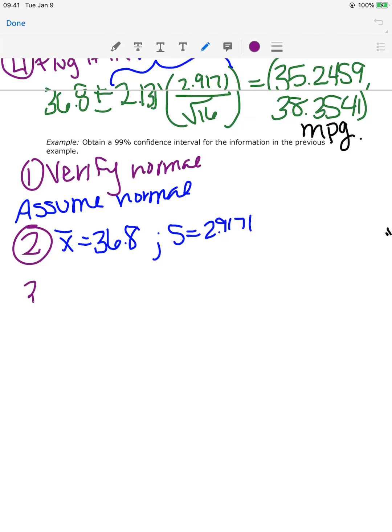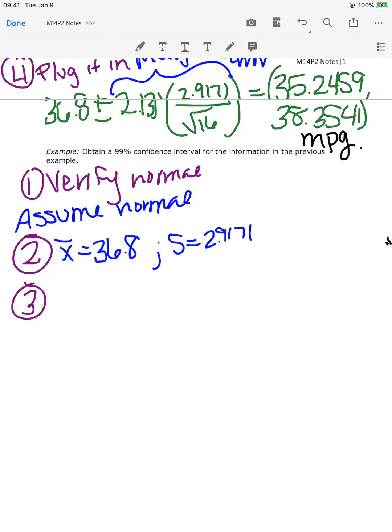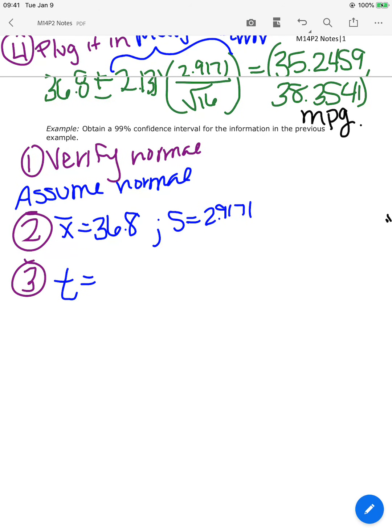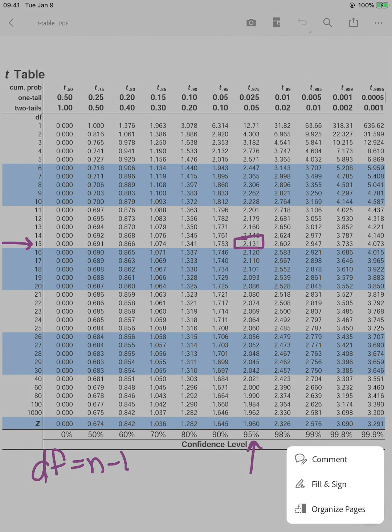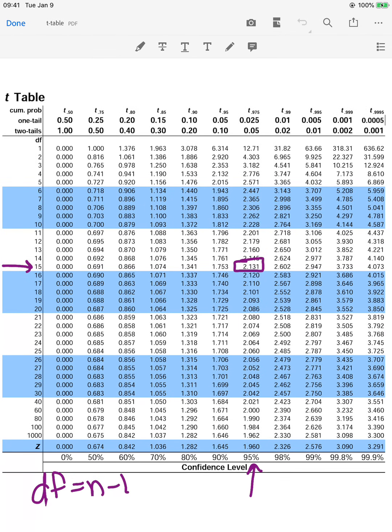All right, step 3. Find our t. So we're going to have to go back to that table. So now we still have a degrees of freedom of 15, but now we're doing a different percent confidence.